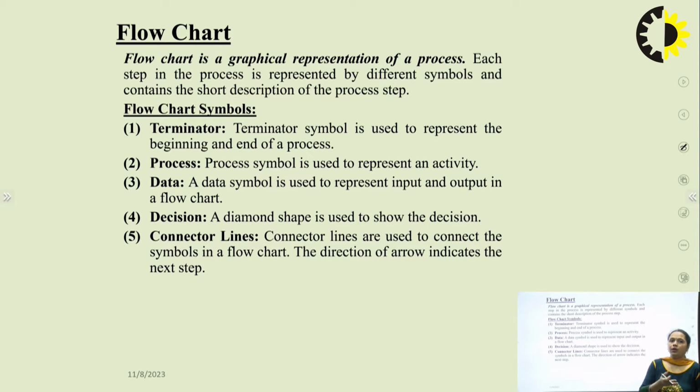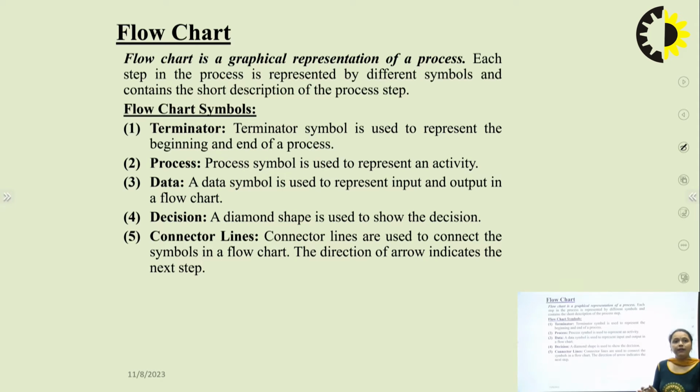We have to choose any one option. In that particular case, we use the decision box. Last but not the least are the connector lines, which are used to connect multiple blocks, multiple symbols of the flowchart with one another. Secondly, they also tell you the flow of data, from which part to which part data is transferring.